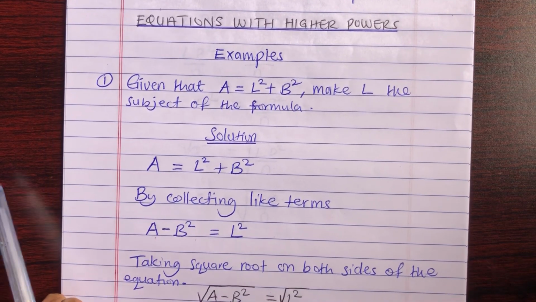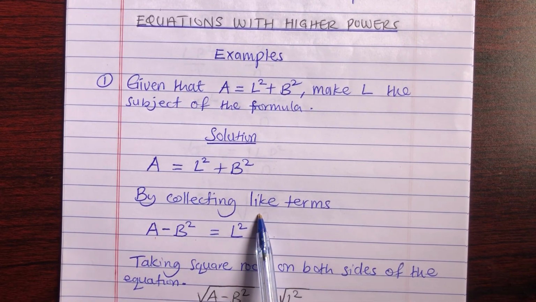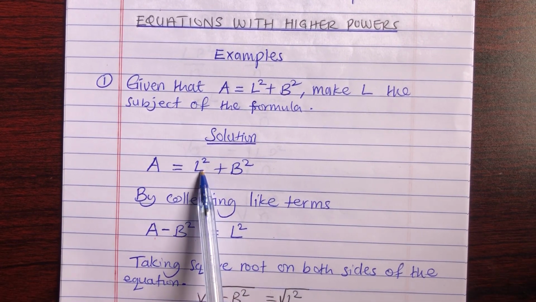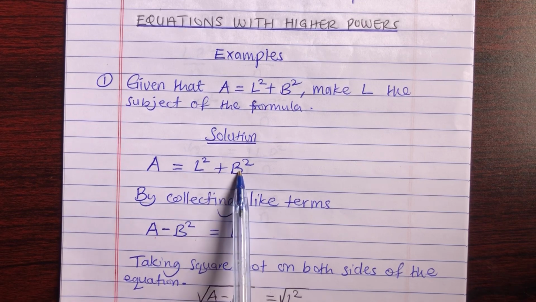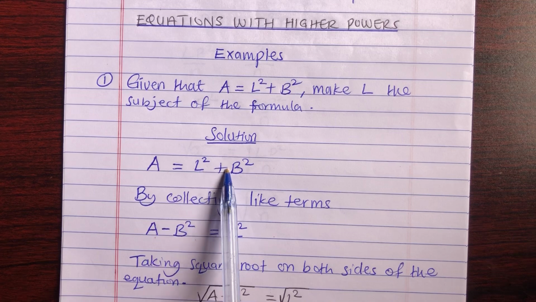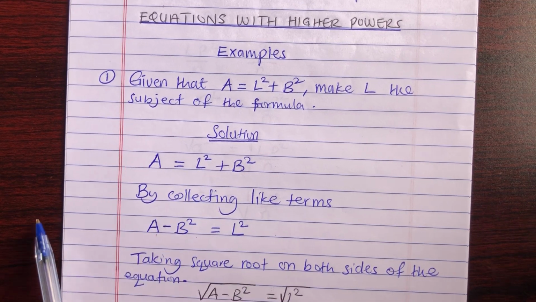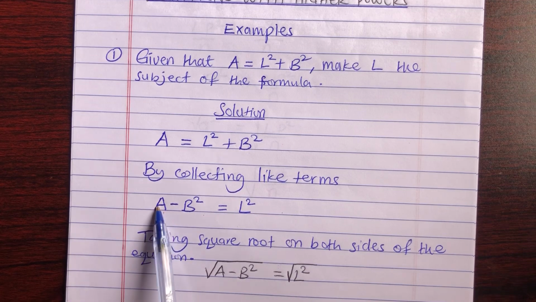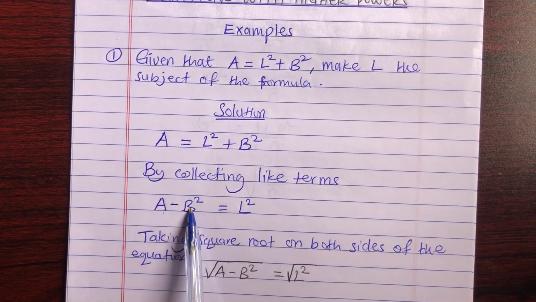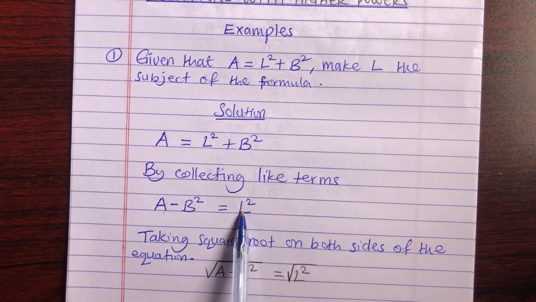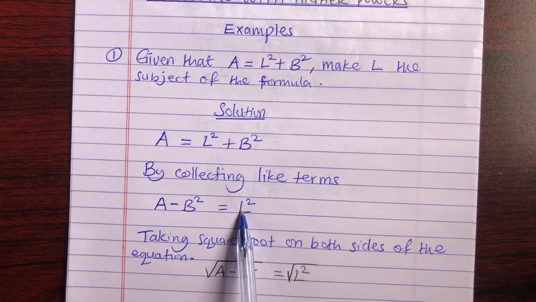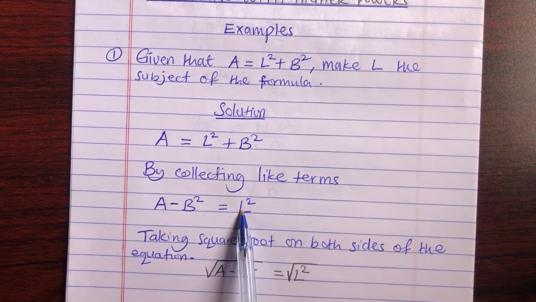By collecting like terms, since we want to make L the subject, we shall have to take this B squared to the other side. And since it is a plus, it will become a minus. So that gives us A minus B squared equals L squared. That is our first step, collecting like terms.